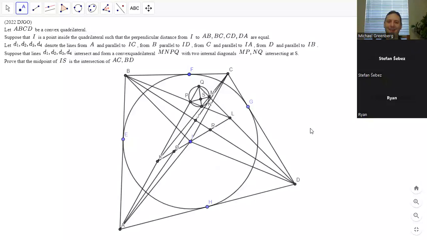Is it Ricard's theorem? I think it might be. I mean, I just did one projection and that was it, but I don't see Ricard's theorem. I was just guessing, but I basically just intersected QN with KL.